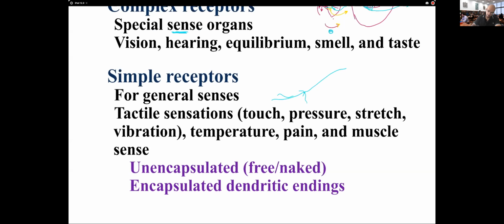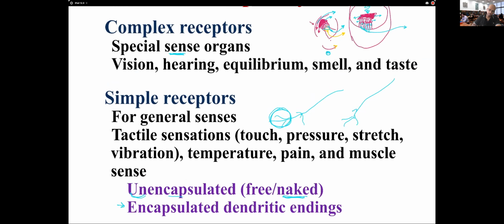They are just free nerve endings. Those free nerve endings might be encapsulated, means they are surrounded by a capsule, or they might be free. And we call the free ones unencapsulated. They are not capsulated. Or another name, naked nerve endings.